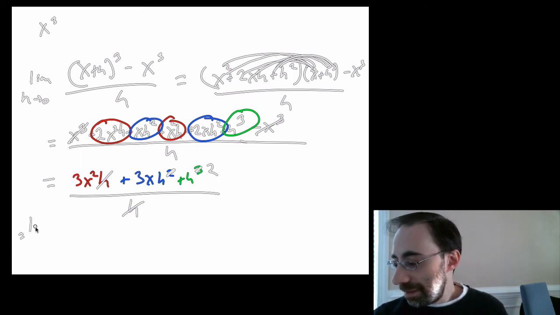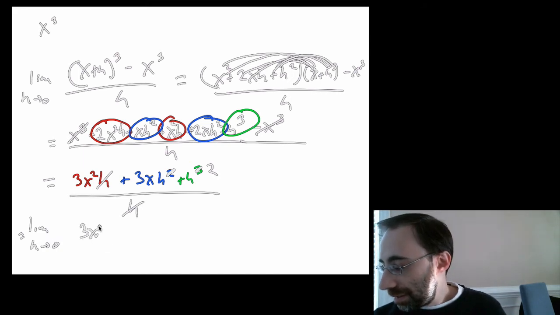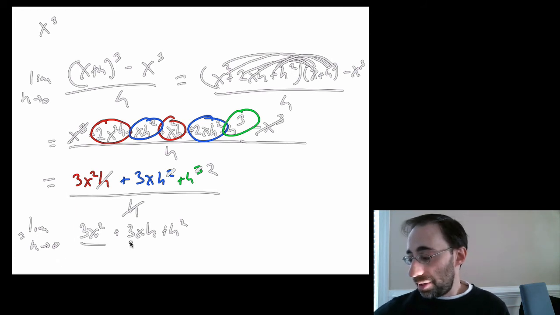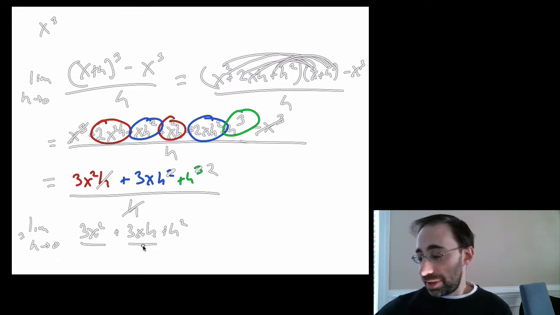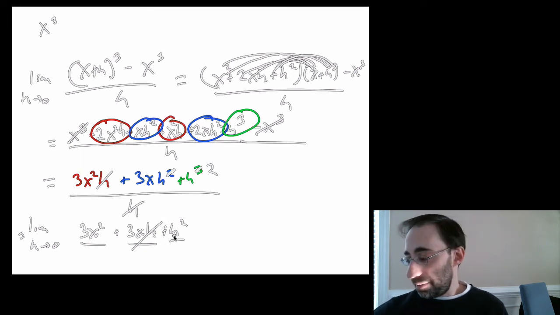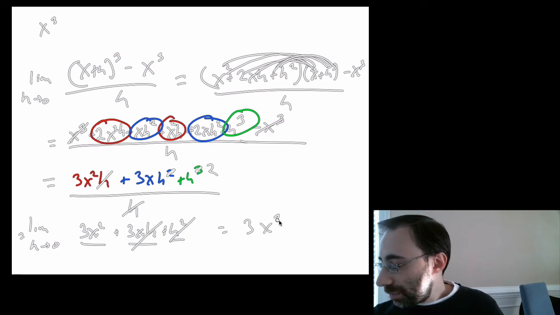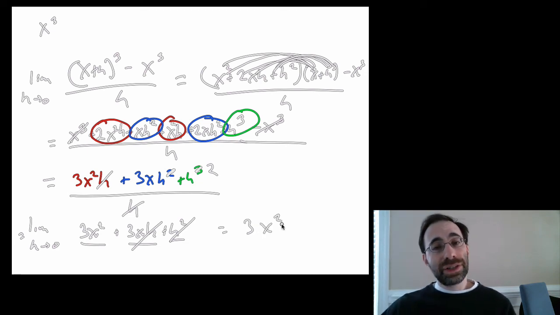We have the limit of 3x squared plus 3xh plus h squared. Well, there's no h in this first term, so that sticks around. The h in this term goes to 0, so that term goes away. And the h squared in this term goes to 0, that definitely goes away. And finally, we're left with 3x squared. So the derivative of x cubed is 3x squared.